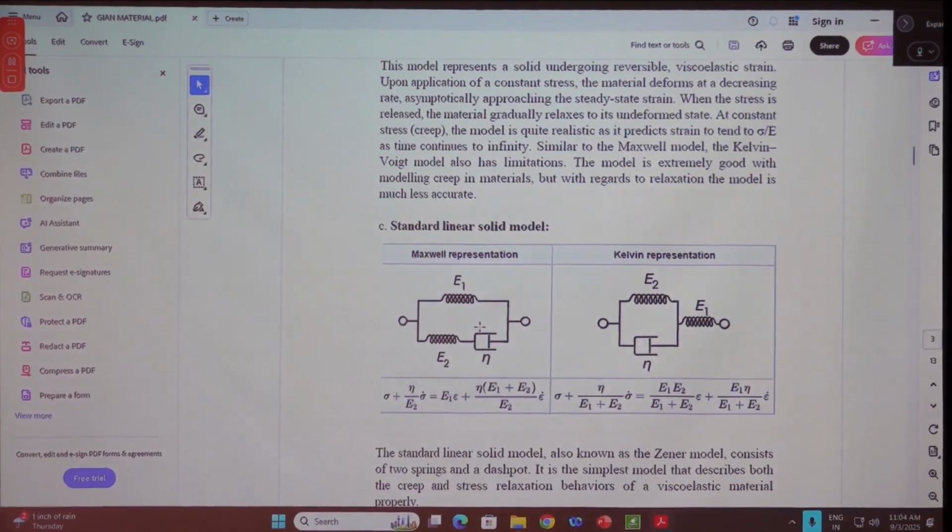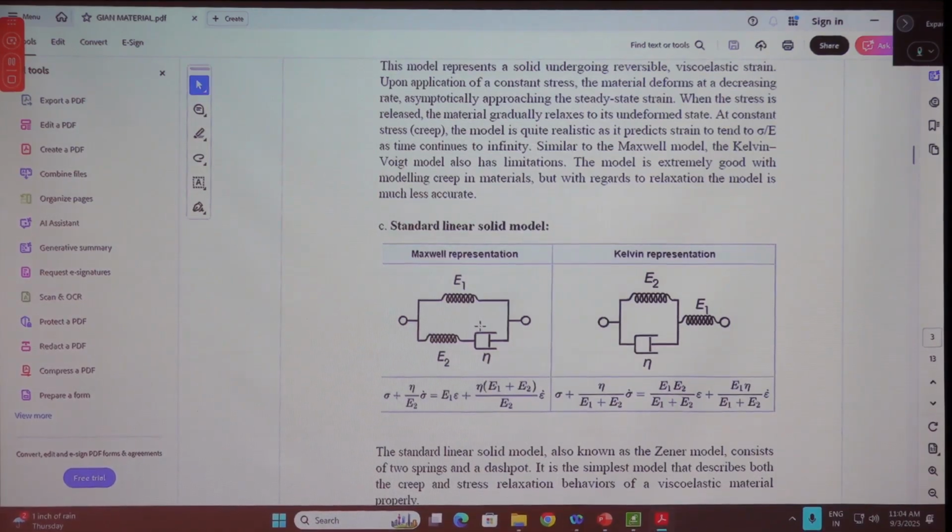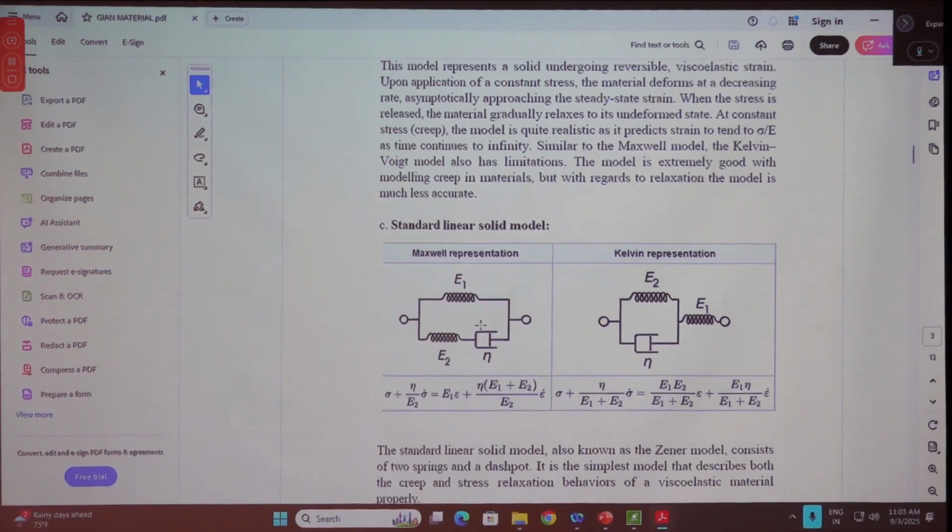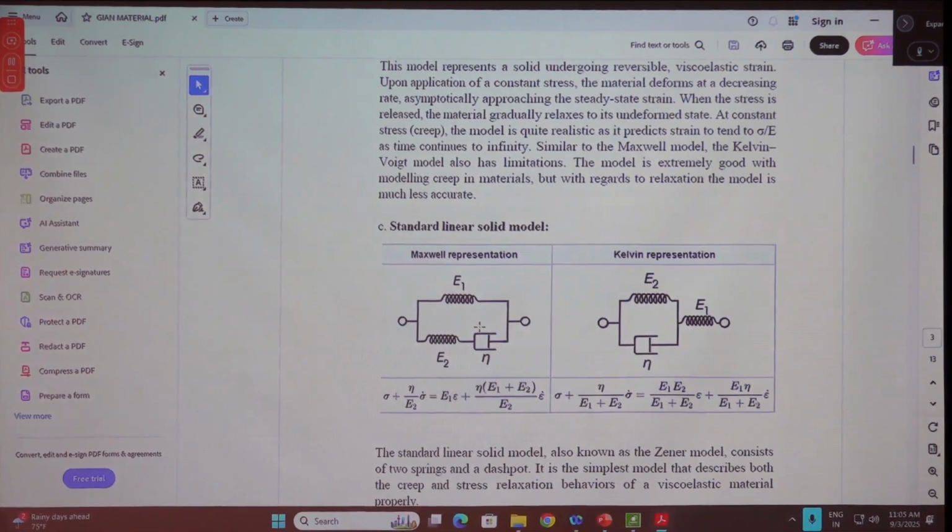Mathematically, you can go through all these expressions. If I go into detail, it will be a different lecture on viscoelasticity. Just keep in mind that this model can tackle both important phenomena, creep and stress relaxation, of the viscoelastic material.